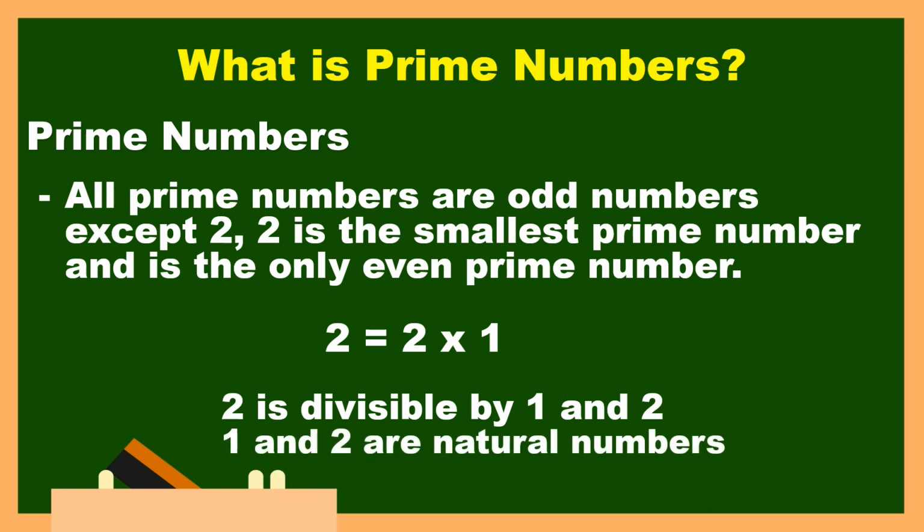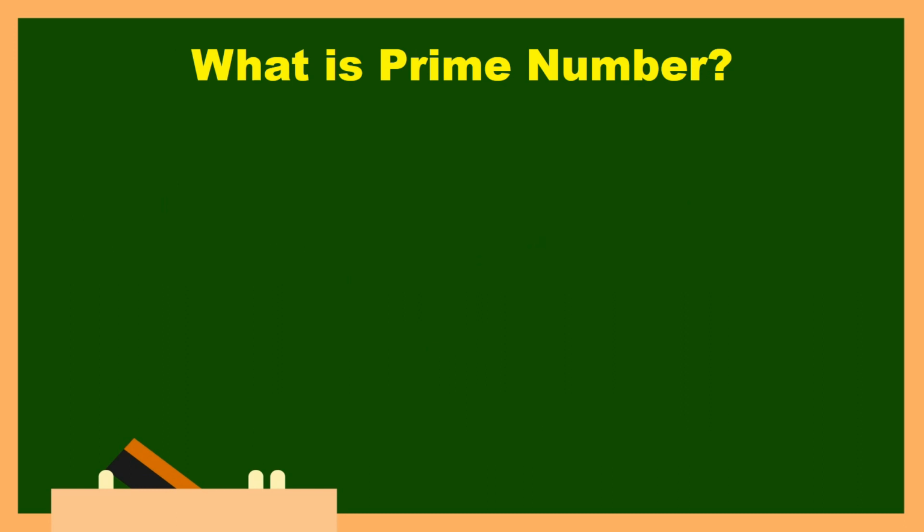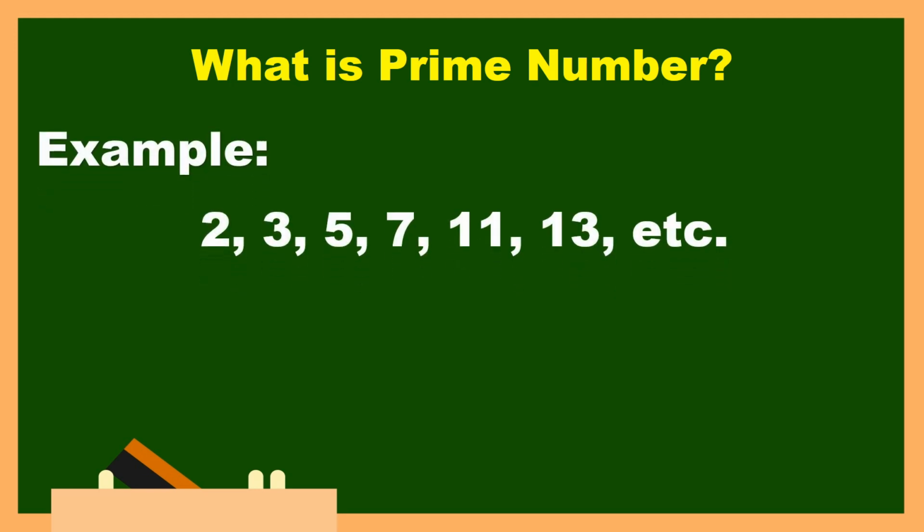And 1 and 2 are both natural numbers. That is why we can consider 2 as the smallest prime number and the only even prime number. Examples of prime numbers are 2, 3, 5, 7, 11, 13, and etc.